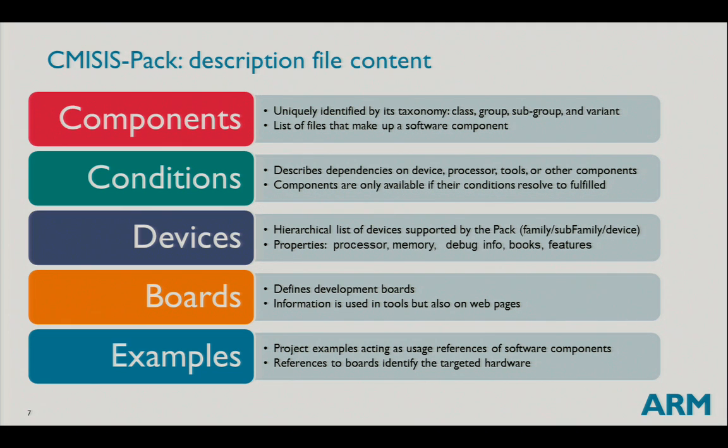If you have a component with the same class, group, and subgroup, it is supposed that another component with the same taxonomy shares the same API. That's the whole idea behind it. And the component itself consists of files. So in the description, we have the taxonomy in attributes and the list of files which represents the component.